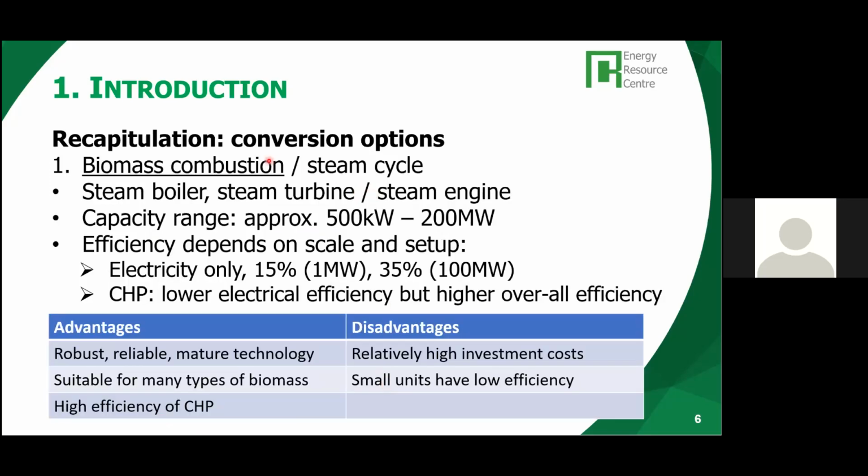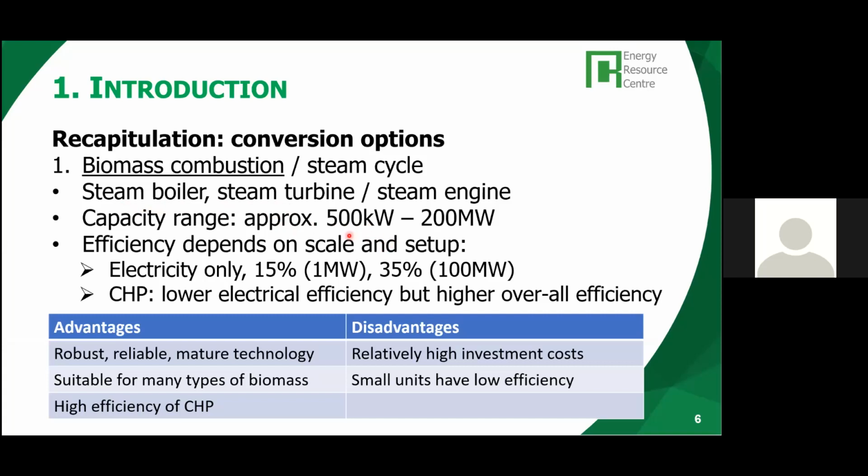Different conversion options. We have biomass combustion and steam cycle, which can include a steam turbine or a steam engine. Capacity range for steam turbines is roughly, say, upwards from 500 kilowatts. Steam engines are smaller, from, let's say, roughly 20 to 50 kilowatts upwards to 1 or 2 megawatts.